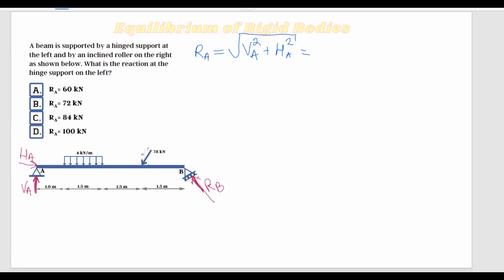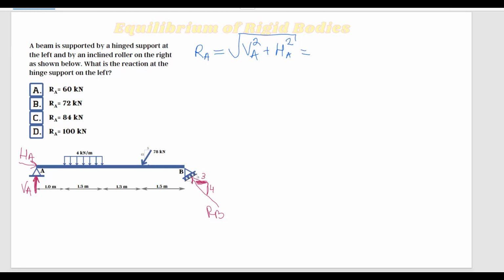Let me make this a bit more clear. So I'll have, this is the reaction at B. I'm going to call this RB. And based on this triangle given here, the slope, if I am to redraw this, this is going to be 3 and this is going to be 4.